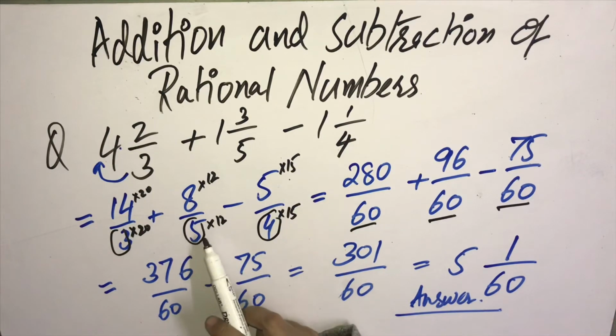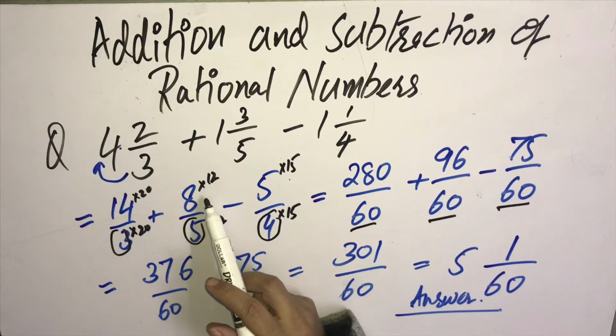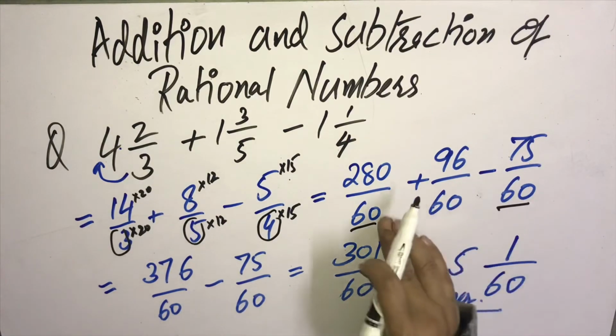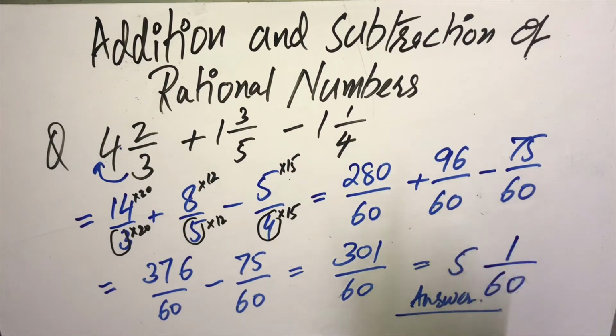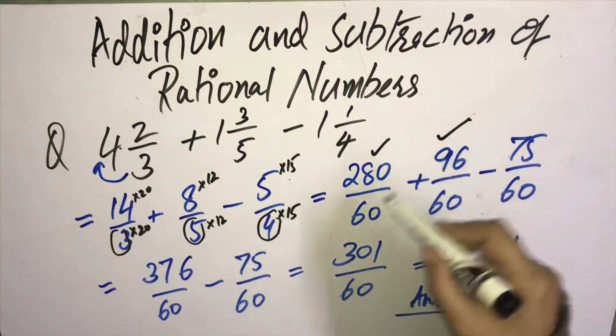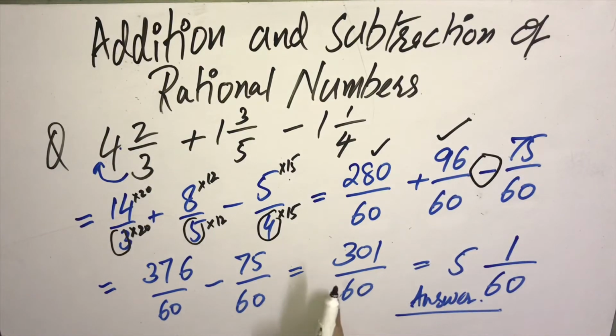If this denominator is multiplied with 12, the respective numerator will be multiplied with 12, and so on. After that, when we have the same denominators, we write the denominators once and add the numerators. Here we added these two and then we subtracted 75 to have the final answer. And when we have the final number, which is only a single fraction, we convert it into a mixed number.